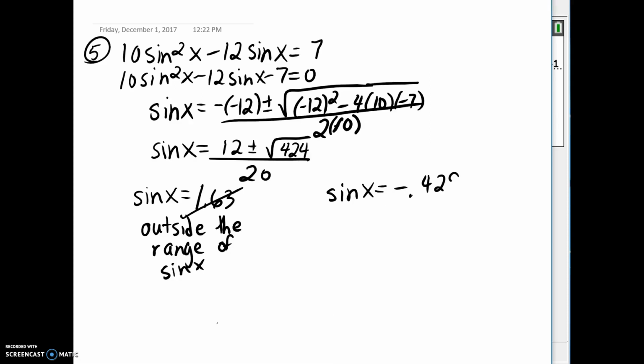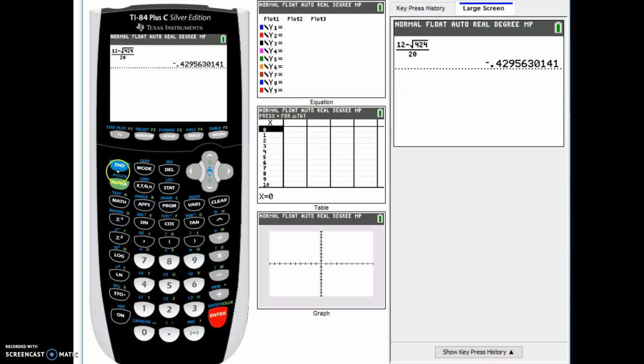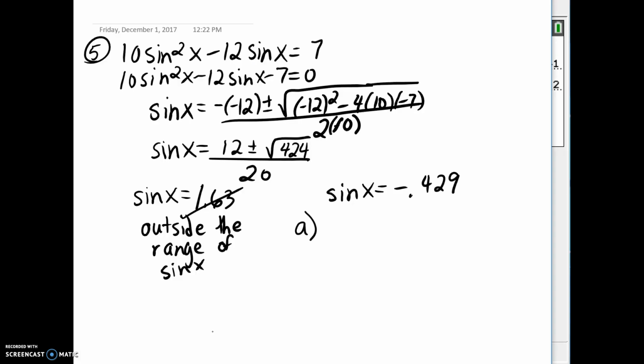I'm going to record that, but I'm actually going to use that answer. So I'm going to do my principal values first. So if I do inverse sine of that answer, again, you can grab it or use the answer button. It's going to give me negative 25.44, and that's good because that's our principal value.